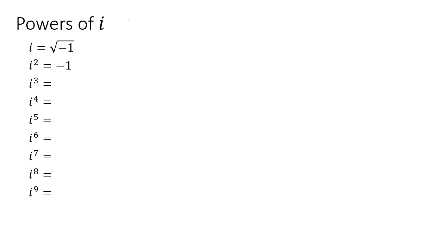So i cubed, you can think of as i squared times i, but i squared we know is -1. So i cubed would be the same as negative i to the 1st power. For i to the 4th, we can do something similar.